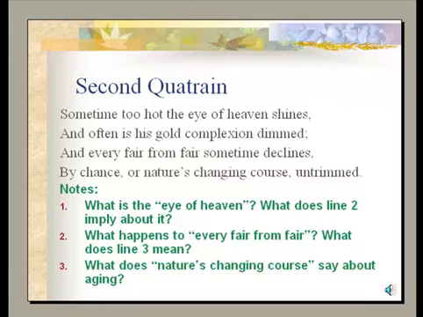Sometimes here this can imply chance cloud cover or chance whatever kind of weather conditions, but in human terms it also can mean sometimes accidents or other things mar the beauty of a fair person by chance, or "nature's changing course untrimmed." Nature's changing course would imply, of course, the seasons. And untrimmed means unstopped, unchanged. It's constant.